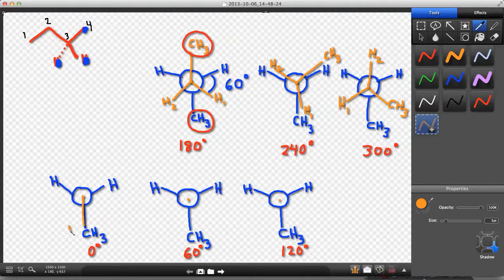This is kind of difficult to show, but I want to show the two methyl groups are really on top of one another. As are the two hydrogens. Then of course we're going to have staggered again at 60 degrees.